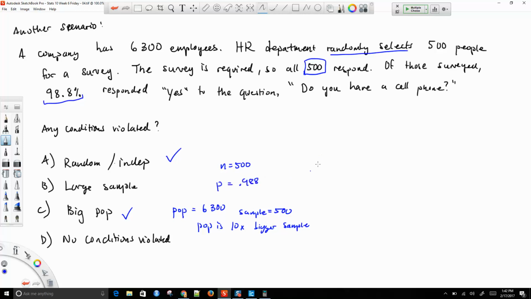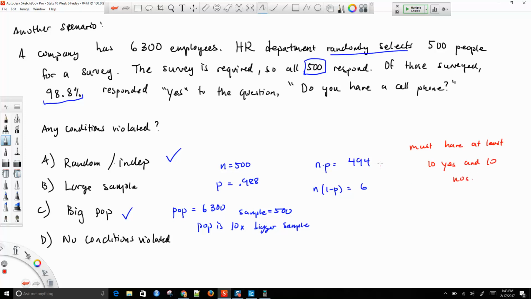Okay? So n times p is going to be 494, but then n times 1 minus p is only 6. Okay? And we need at least 10 yeses and 10 nos, or 10 successes and 10 failures. So we must have at least 10 yeses and 10 nos.